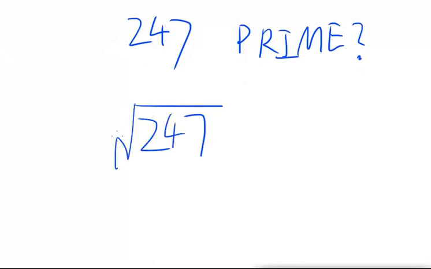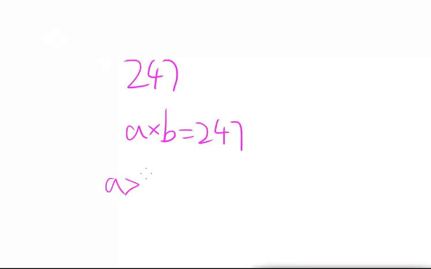Hold up, why square root? Well, if it's a composite number, let's say 247, which is a composite number, it's 13 times 19. Now, we don't know it's 13 and 19 yet, but if it's going to be a composite number, it can be written as A times B. Now let's say A is bigger than the square root of 247.